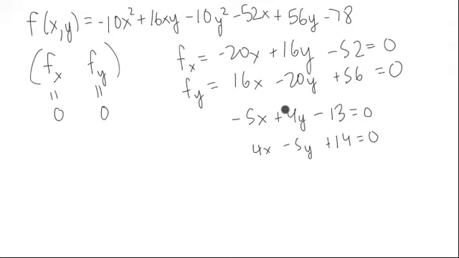Now, looking at this, you can add or subtract equations to get rid of a variable if you multiply first by something. What if I multiply this top equation by 4, and this bottom one by 5? Then I notice the x's will cancel when I add the equations.